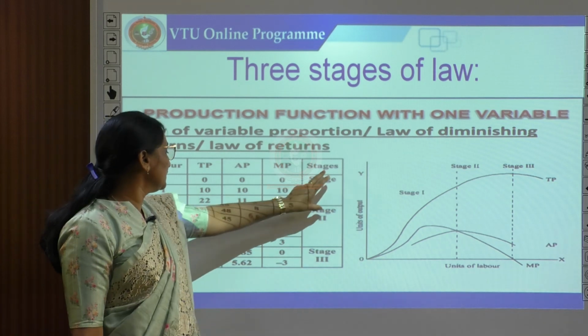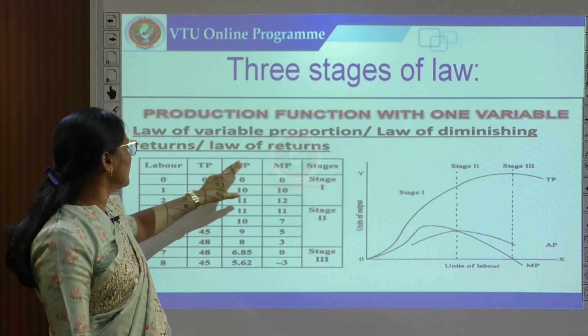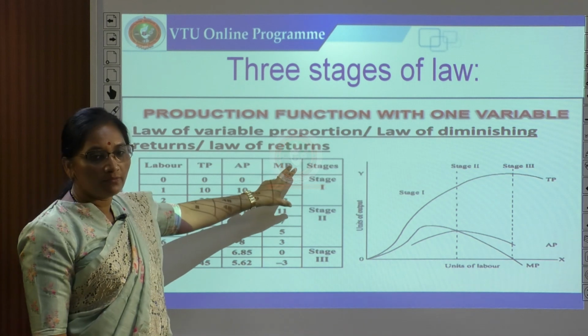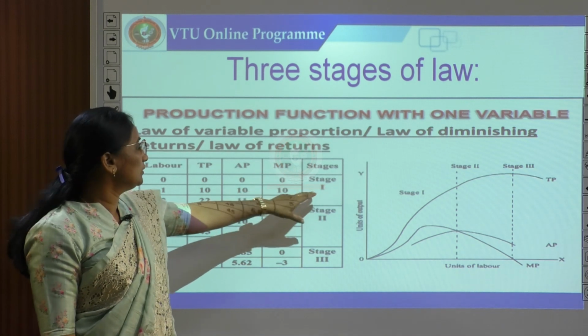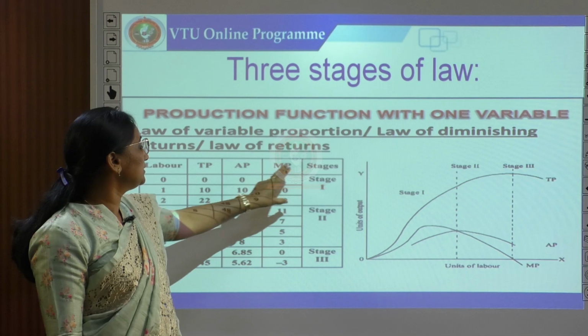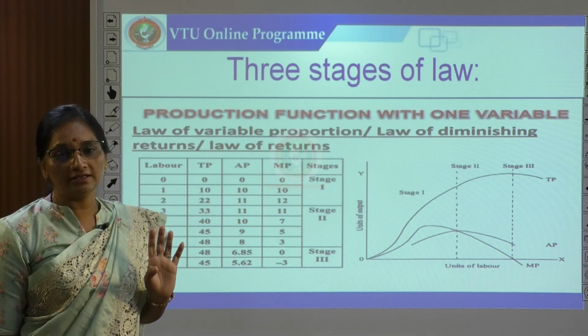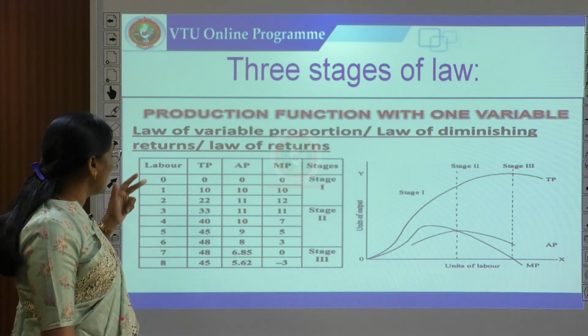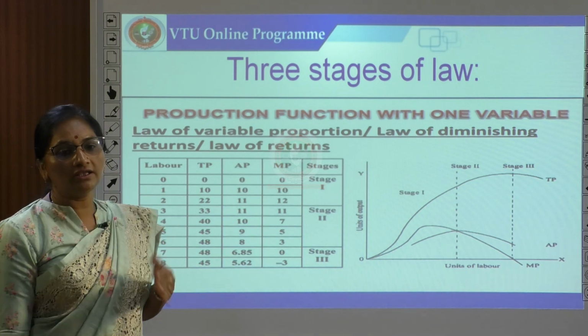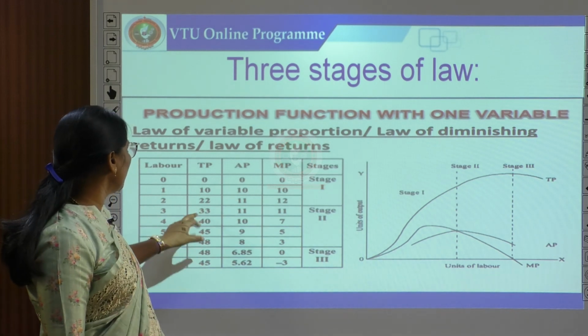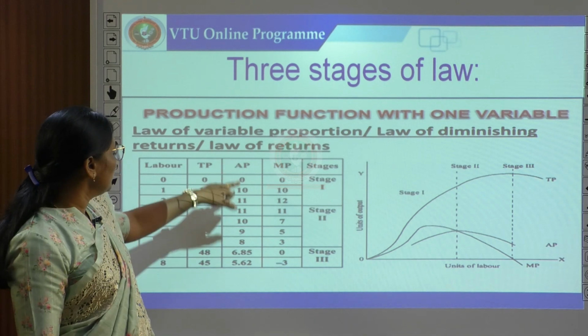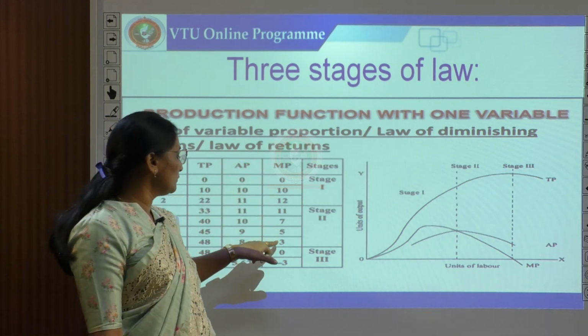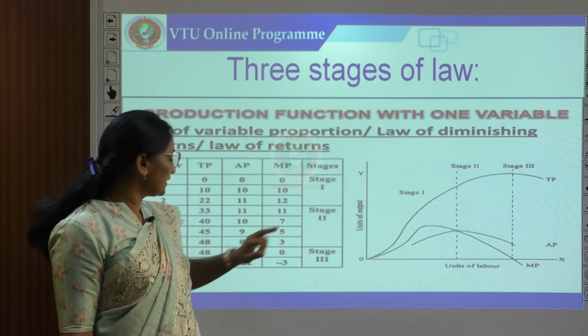Initially there is an increasing trend: total product is increasing, average product is increasing, marginal product is increasing. That is the first stage. All 3 products are increasing. If we keep using only the variable factor, in the second stage total product is increasing, average product is declining, and marginal product is also declining.